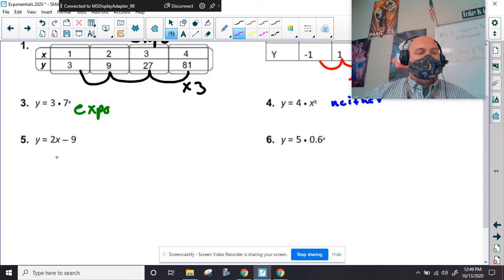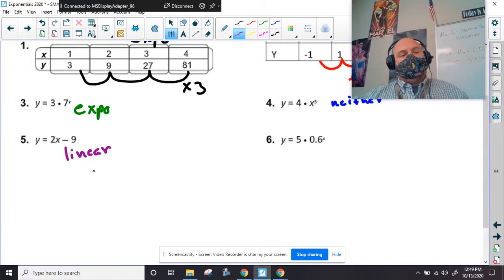All right, what about number 5? Exponential, linear, or neither? Linear, thank you. Phew, that's in y equals mx plus b form. I was getting really worried about my teaching ability. People didn't recognize that. All right, number 6, exponential.